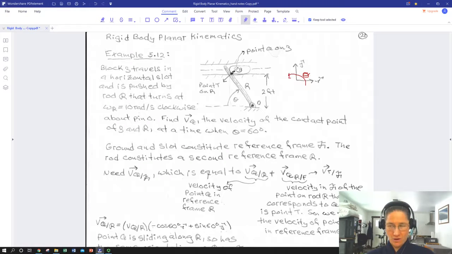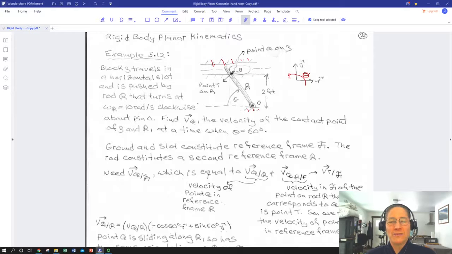Q somewhere on the block. So point Q and point T are in the same position relative to this reference frame that's the bearing and the hinge, kind of the support structure for the whole thing. You can think of that as bolted to the floor, the wall. It's not moving.